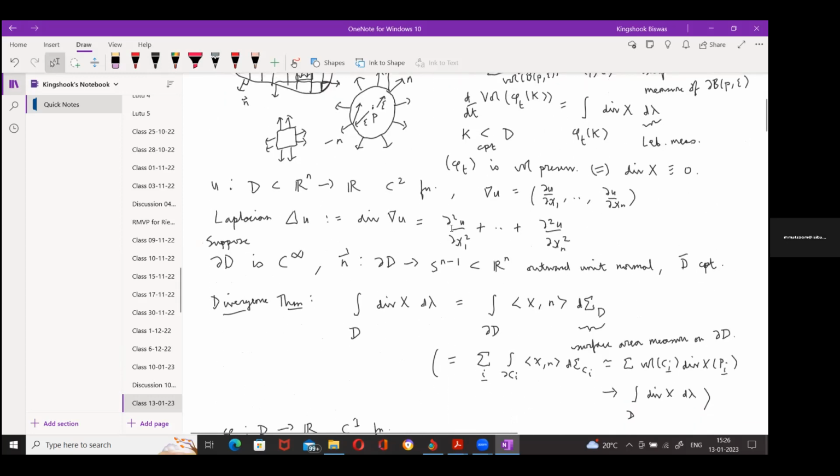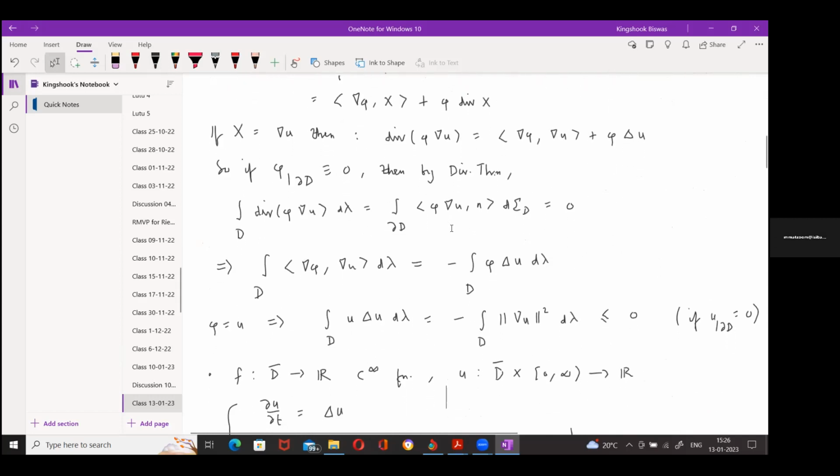This integral of u Laplacian u is minus integral of norm grad u squared, if u restricted to the boundary of D is 0. So I'm using this formula, and in place of u, I'm putting del u del t, which is 0 on the boundary. So I can apply this formula.